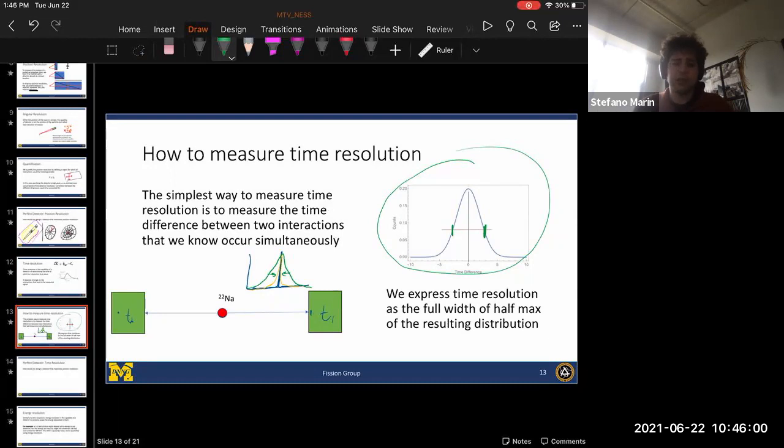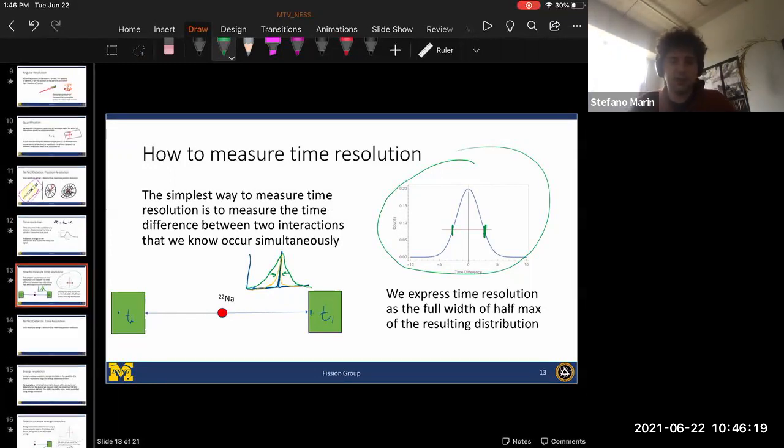Now, if the two detectors are identical, you simply divide this spread by the square root of 2. You would divide by 2 if the two errors were the same, but because the two errors are independent, they're not always going in the same direction, so you divide by the square root of 2. This results from summing in quadrature, which is outside of the scope of today, but is just something that I wanted to mention.